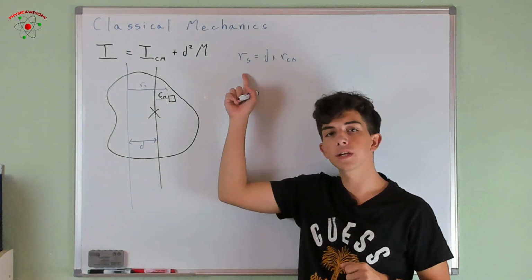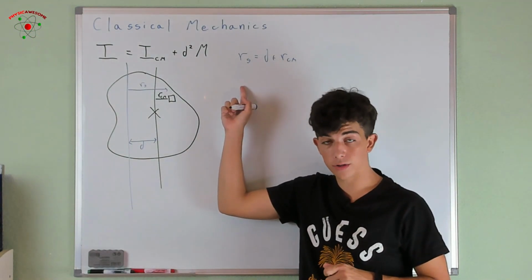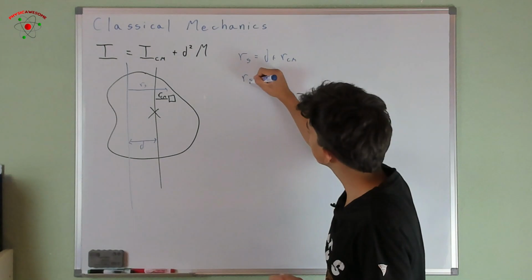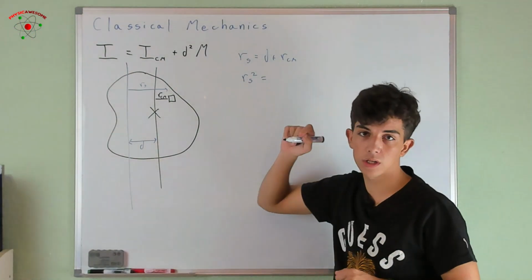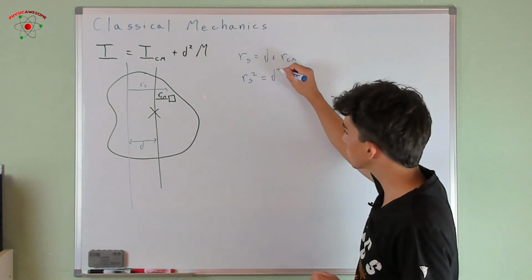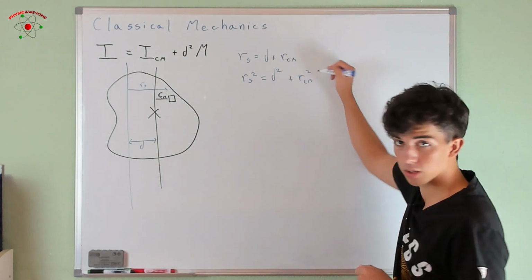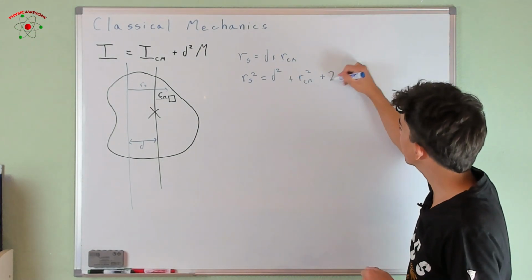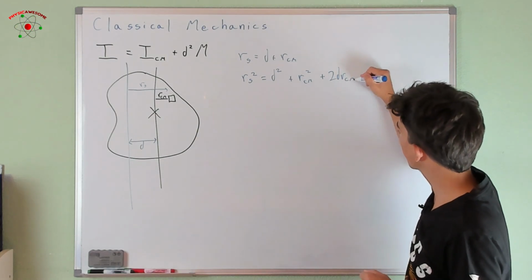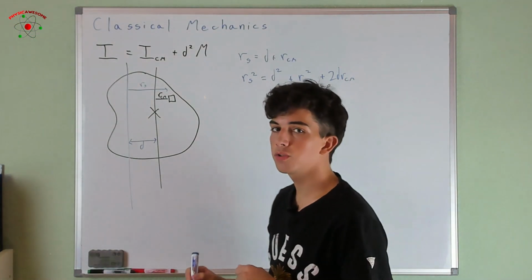Now we're going to be interested in this distance squared. Therefore, we're going to square it directly. We're going to have a d squared, an RCM squared, and the cross product term, 2d RCM.